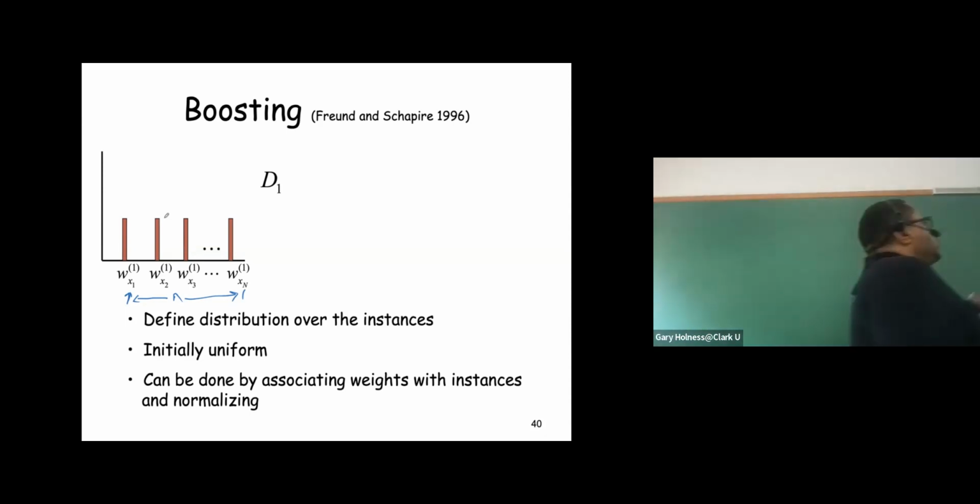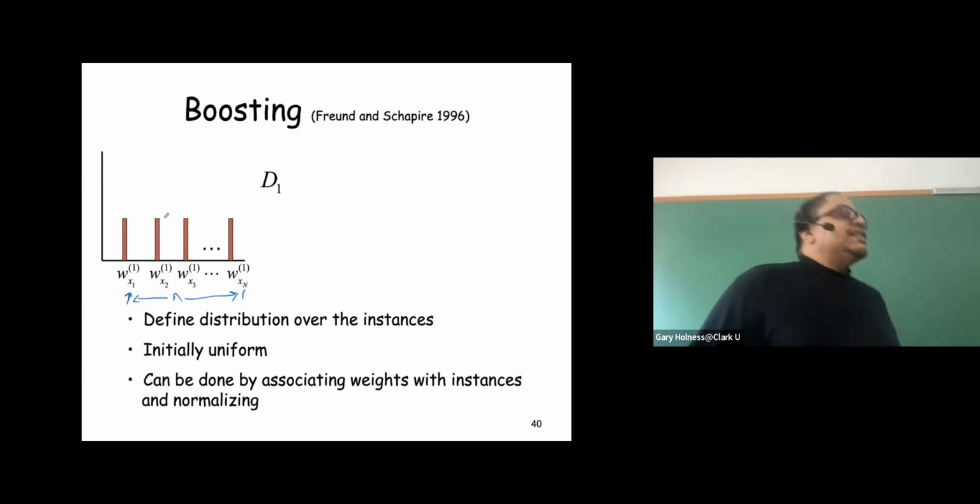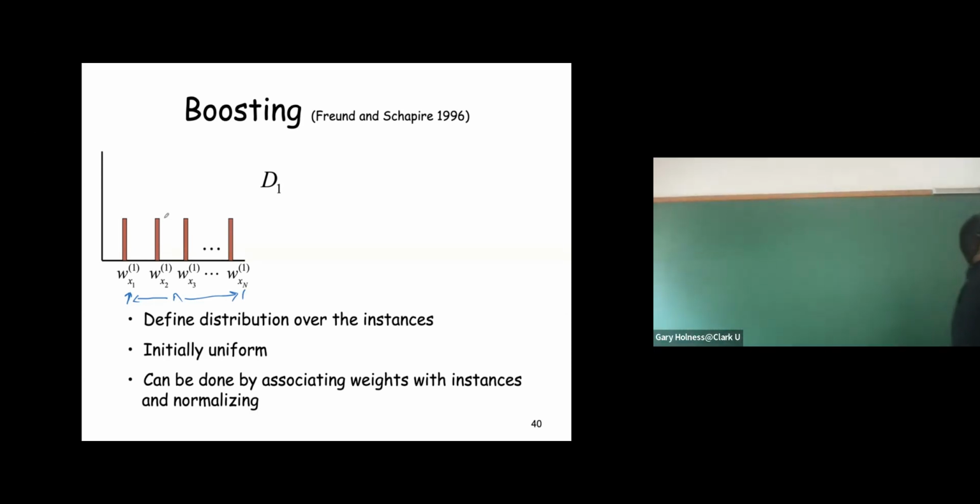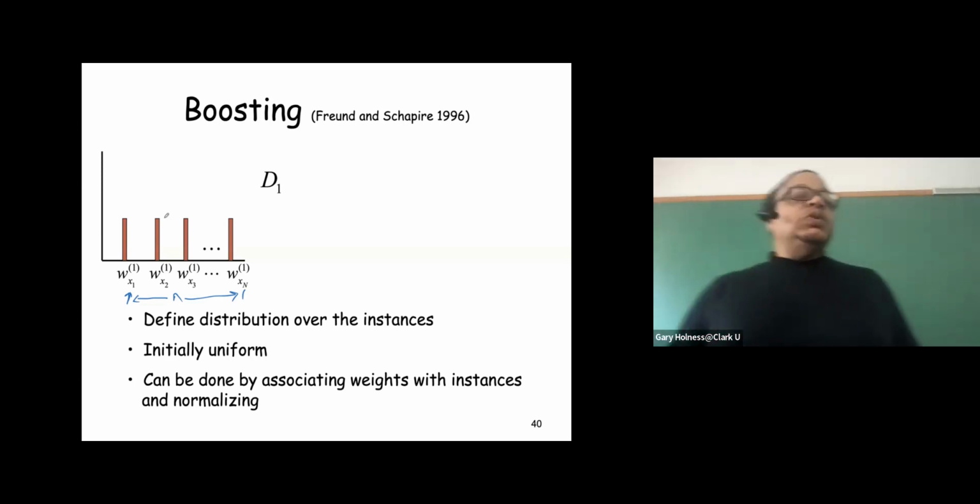So this means it's uniform at random. Each one of these training inputs from our original training set has an equal chance of being selected for some sample. Now, of course, the sample can be of size n, could be of size 2n. It doesn't matter what it is. What matters is that you start out with the opportunity to have equal representation among all the training inputs across your in-sample data.